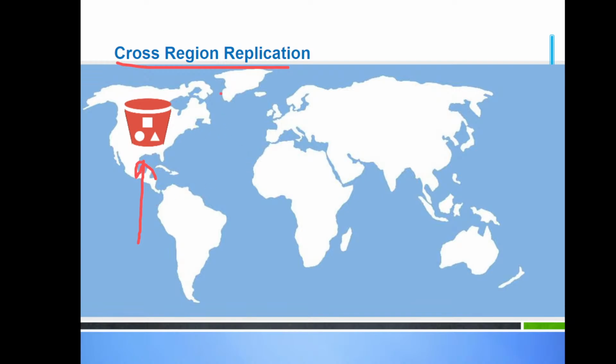This bucket is used to deliver the content to Virginia region customers. Assume that it is Netflix, and you are uploading all the video content in this bucket to deliver to customers in America. As an employee of Netflix, you created a bucket in America, Virginia, and you are uploading your data in this bucket to serve American customers.